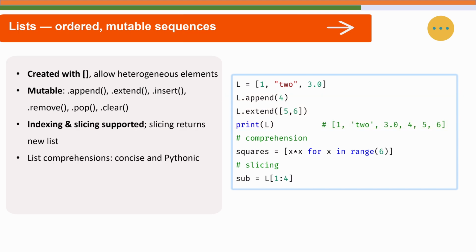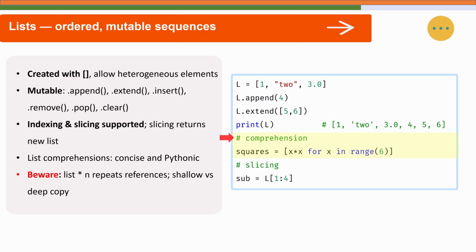List comprehensions are efficient. For example, you can write this thing in square brackets. Slicing L start stop creates a new list. It doesn't mutate the original. Note that repeating a list with asterisk duplicates the references. If elements inside are mutable, they will be shared across repeated slots.